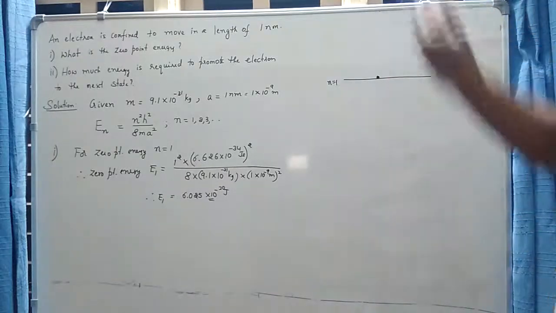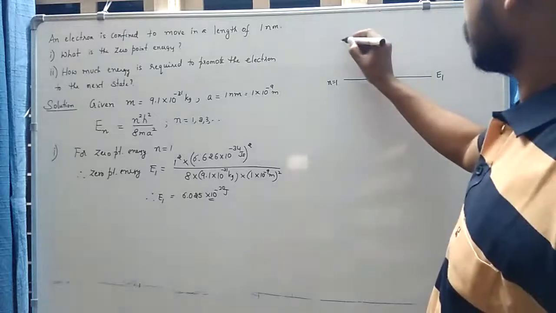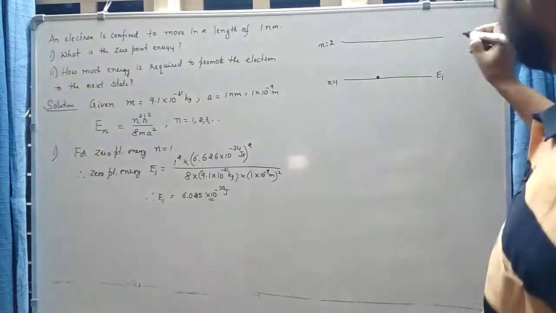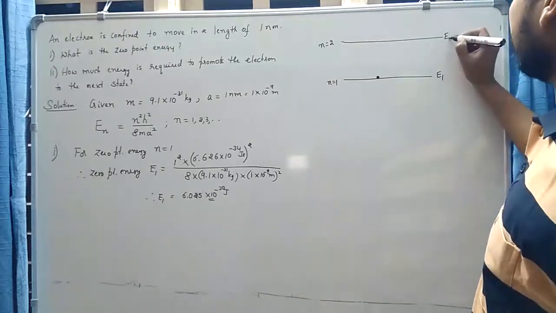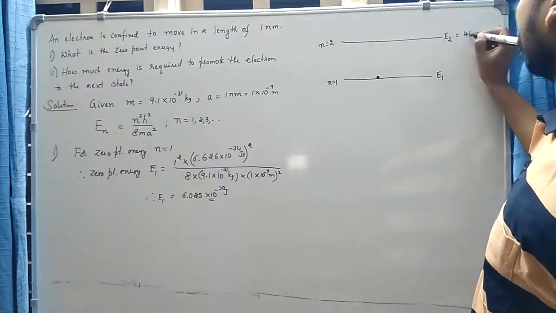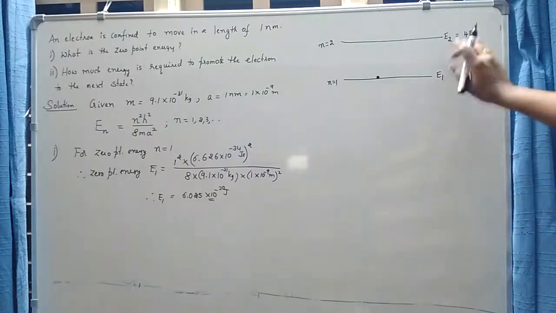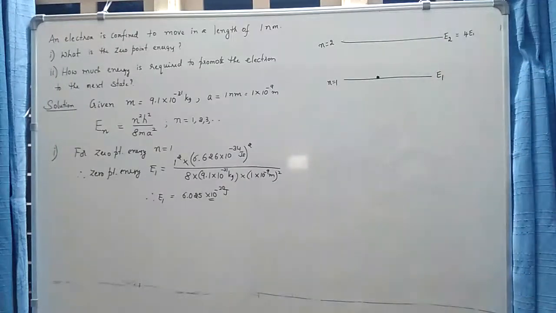The next allowed state corresponds to n is equal to 2, where the particle has energy E2, which is 4 times E1. So E2 is equal to 4E1. I have discussed and proved that in the last class. That is, the energy of the particle in the second state is 4 times the energy in the ground state.